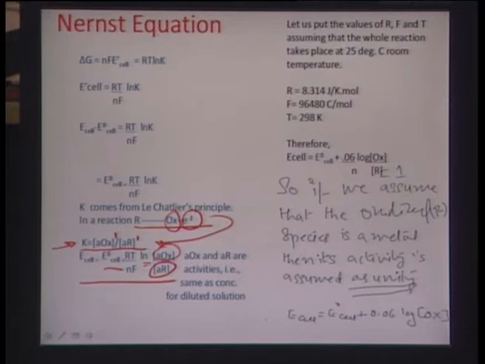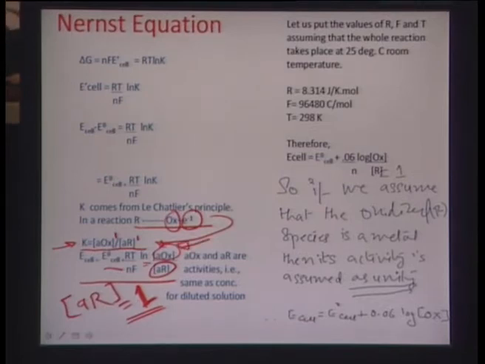Okay. And essentially, when you are considering a case where there is a metal electrode and its corresponding salt solution, we can safely assume the activity of the metal as unity. Okay. Because it does not have its own ionic state in the solution in any case, it is fixed, and it gives ions though, and those ions have a certain activity AOX.